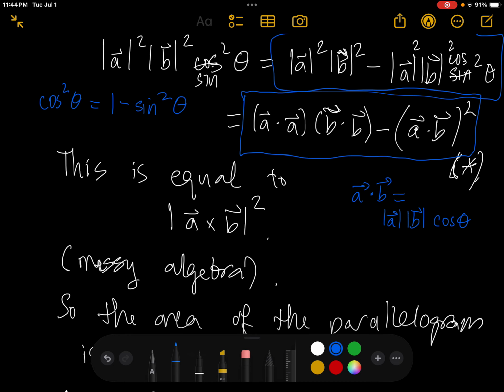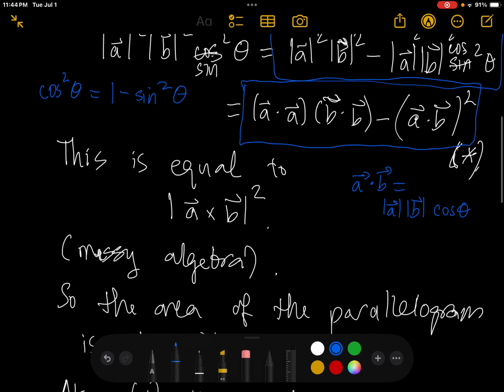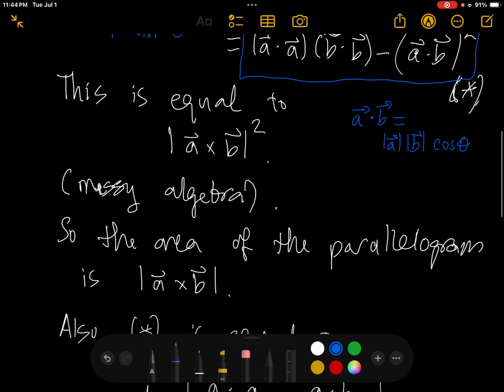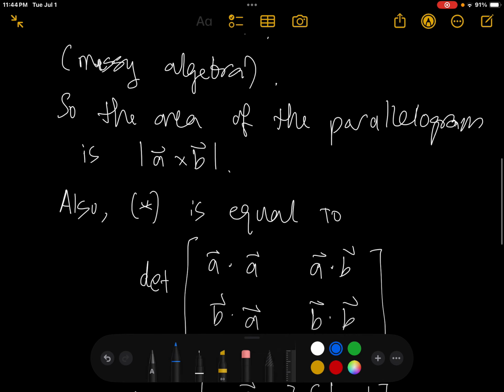You just write down the vector components of A and B. So the vector A is just a1, a2, a3, and then B is b1, b2, b3, and then you just write out everything in terms of those components, and you can check that they're the same. So that's what I wrote, messy algebra. And therefore, this was the square of the area of the parallelogram, and so therefore the area of the parallelogram is the magnitude of the cross product.